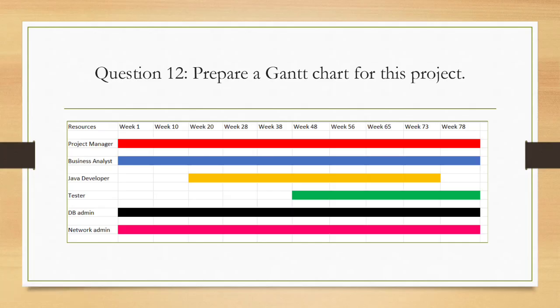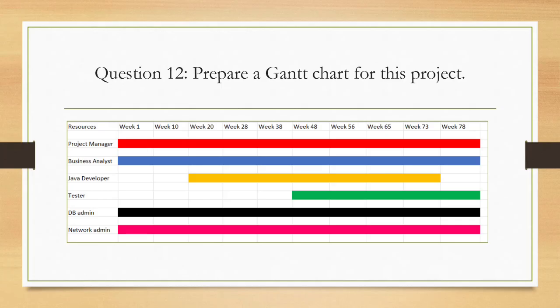Here you can find the project manager and the business analyst. Both are going to work from the initial stage to the end stage. And here the DB admin and the network admin also. Both, the database admin and network admin, will work on this project from the initial stage to the end stage.